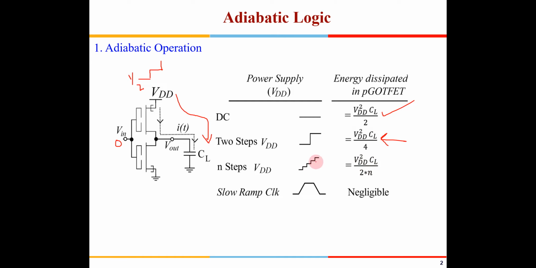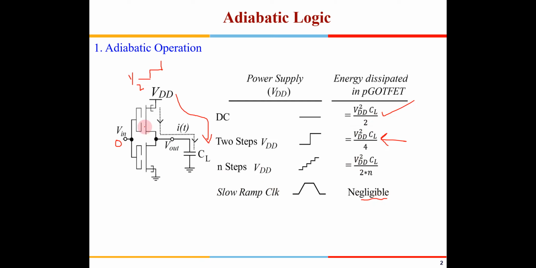And instead of a step, if I increase this VDD as a slow ramp, then the power dissipated in PMOS will be negligible, right? So this is the mathematical analysis for that.